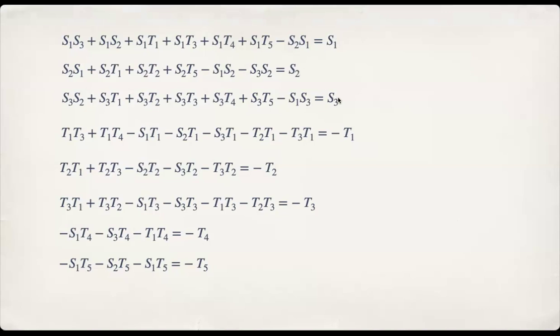We have S1, S2, S3, and then we consider the customer. The customer is a sink, right? It receives goods. So all the shipment coming from different nodes, subtracted by the shipment from that node to other nodes, must be equal to minus T1.